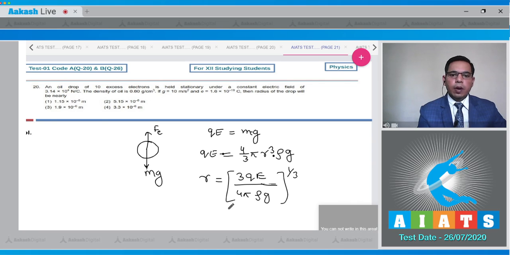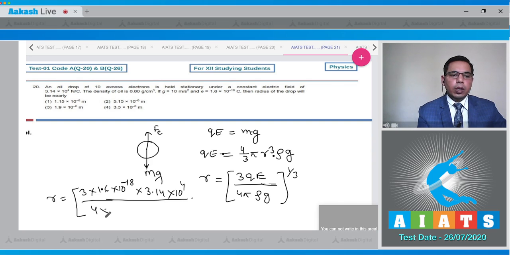Now putting all the values given, what will be r? r will be equal to 3 into q is given, that is 10 excess electrons, that means 1.6 into 10 to the power minus 18, into 3.4 into 10 power 4, divided by 4 into pi, that is 3.14, into rho, that is 0.8 gram per centimeter cube, that is into 1000, into g, that is 10.